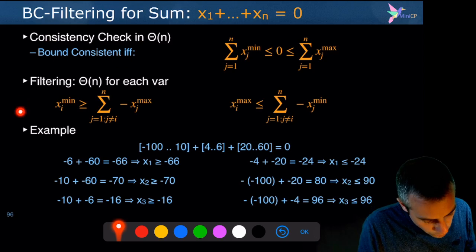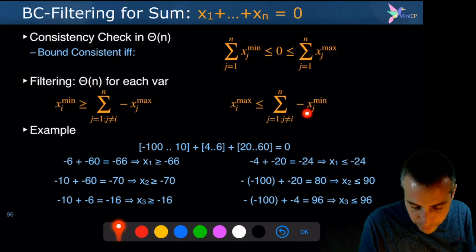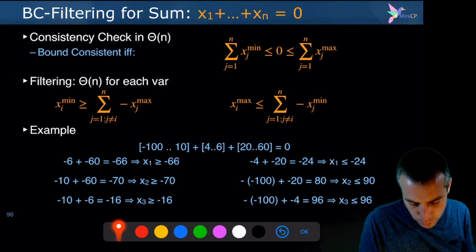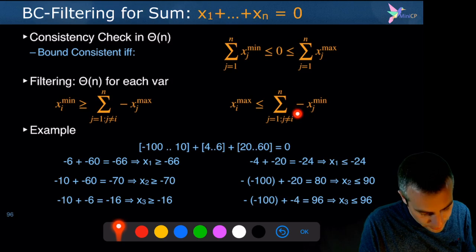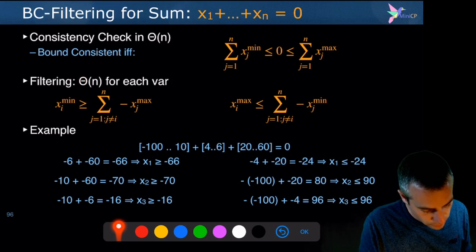The filtering can be done in linear time for each variable, because the maximum is simply the sum of the minimums of the other variables, and you put an opposite sign in front of it. You can do that for every variable, and you have a similar reasoning for updating the minimum of the domains.